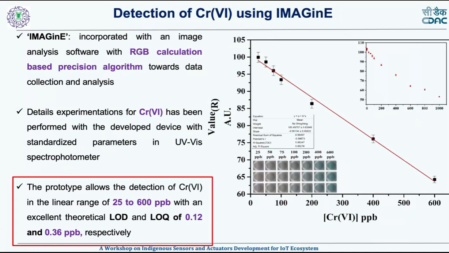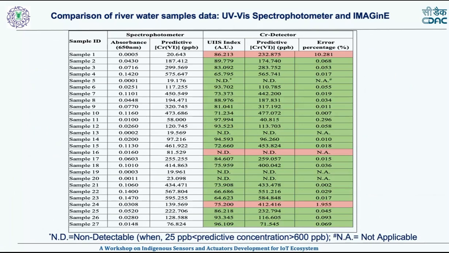And this is a comparison between the UV spectrophotometer value and Imagine. I told you that was lab-based data, and this is data from our developed small Imagine instrument. Around 27 samples were collected from the river Ganga, and some were spiked and some not spiked, and this is the comparison.